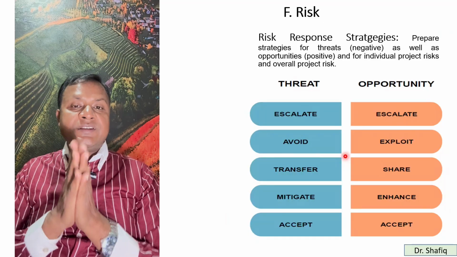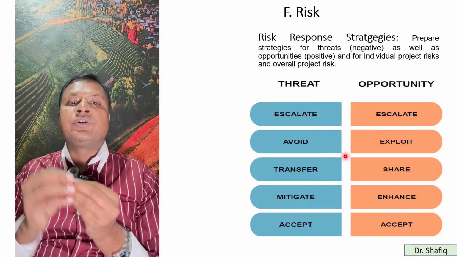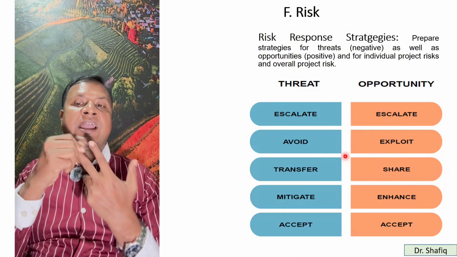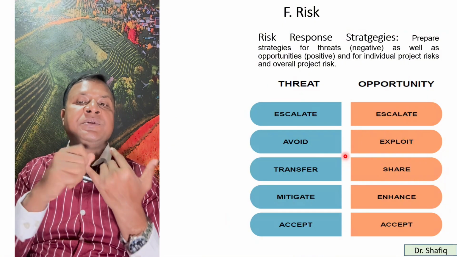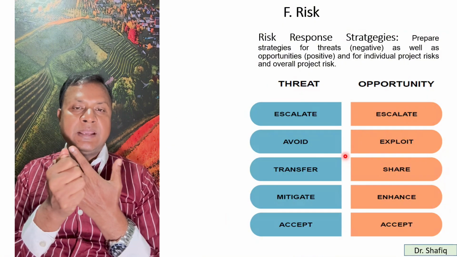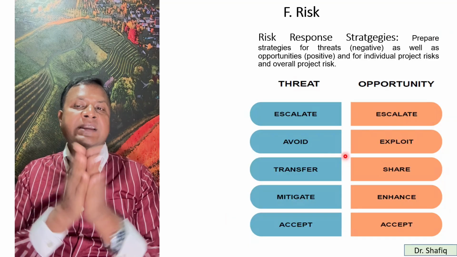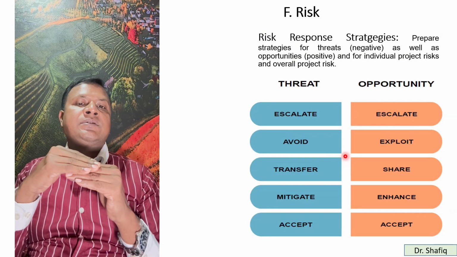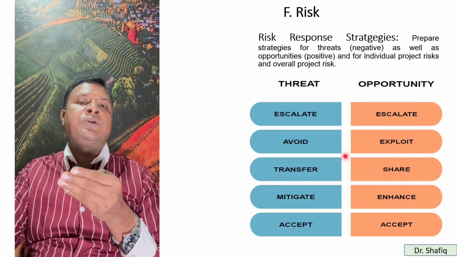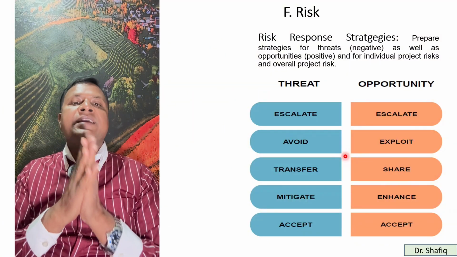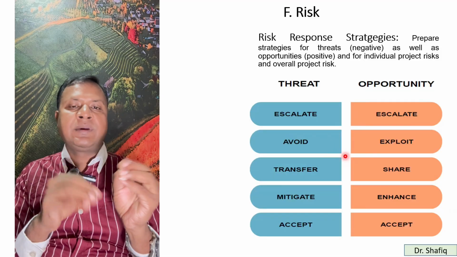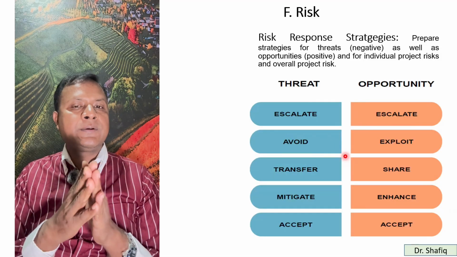So for the risk, you can have a threat or you can have an opportunity. If it is a threat, you can escalate it, avoid it, transfer it, mitigate it, or accept it. For example, if a threat comes and you see that it's beyond your capacity, you escalate it to the higher authority. If you see that it's very risky and cannot be dealt with by any means, avoid it.